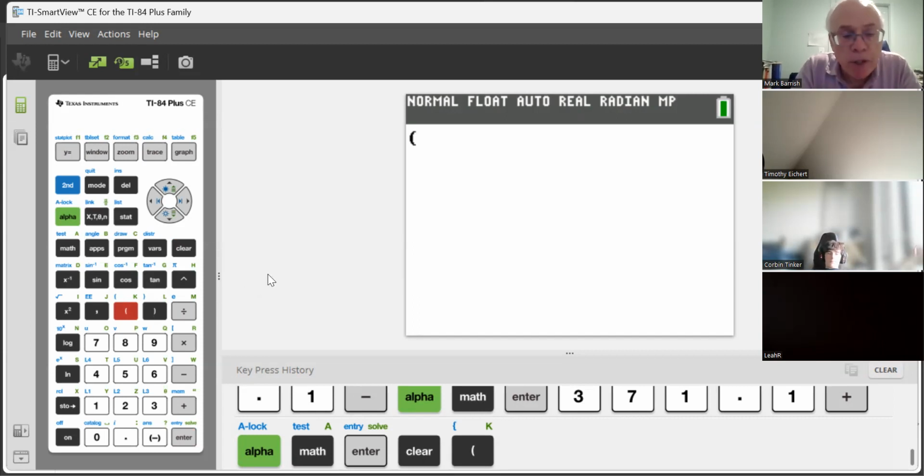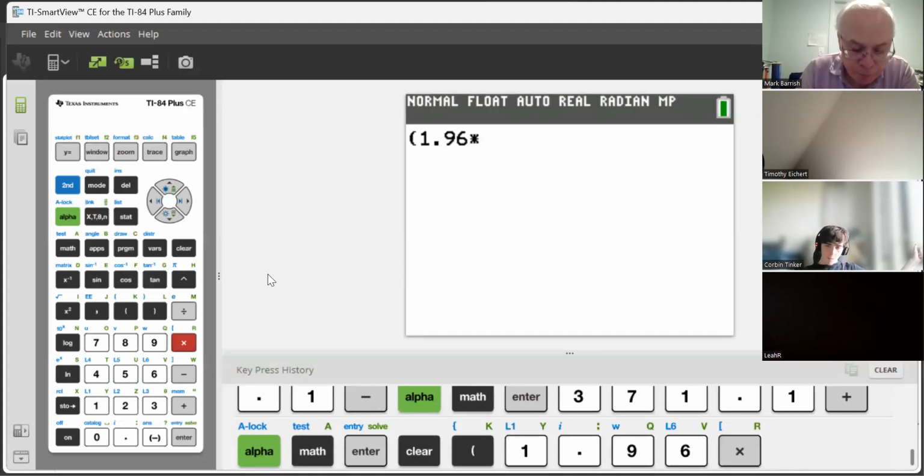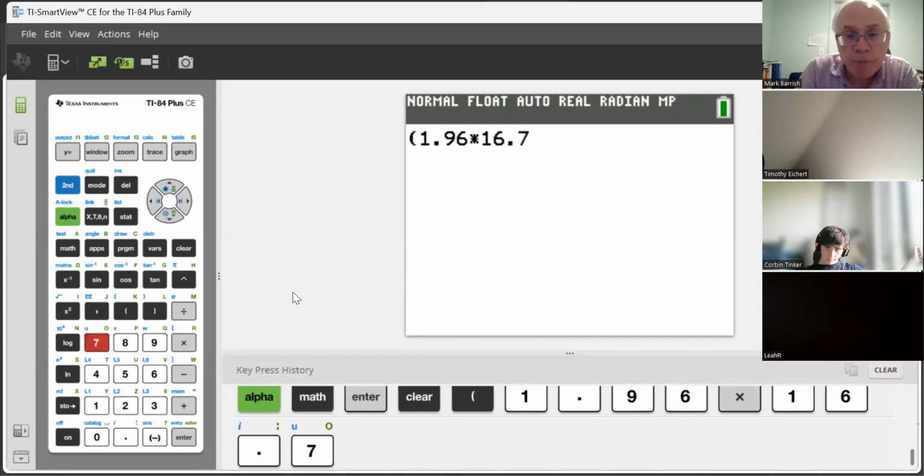Now, if you didn't know what the value was, you would do an inverse normal at this point, and actually you could if you wanted to. But since we know the 95% confidence interval, we'll just type in 1.96. And we're going to multiply it by 16.7, which is our estimated population standard deviation. And then we divide by our margin of error, 2, and close the parentheses.